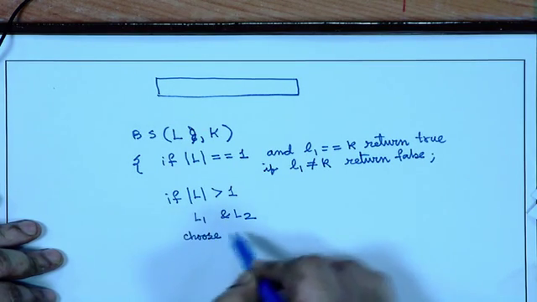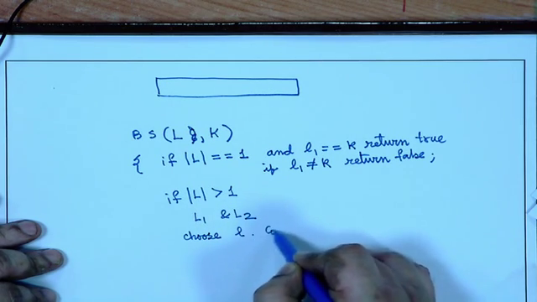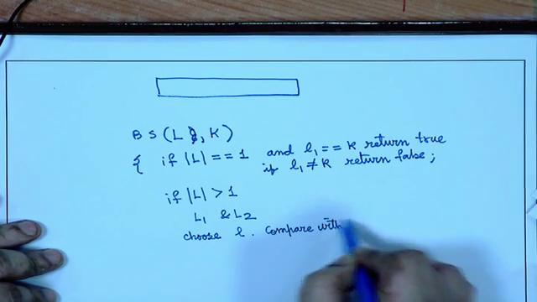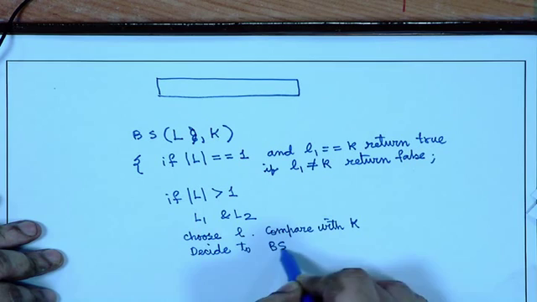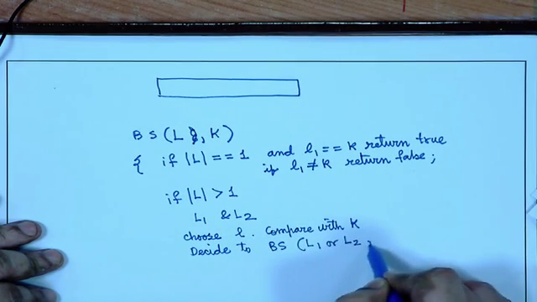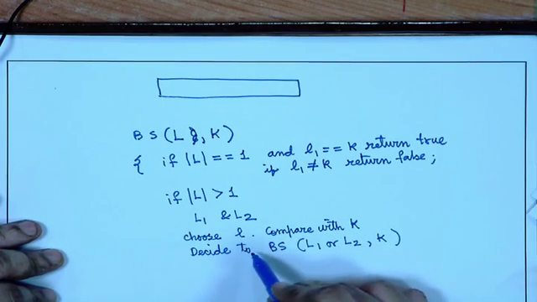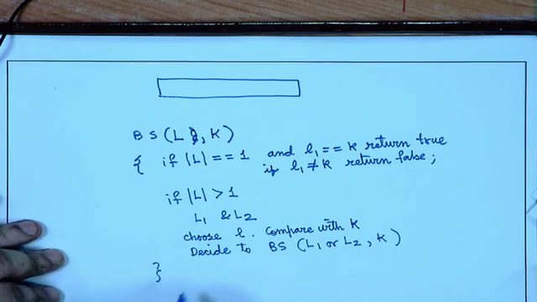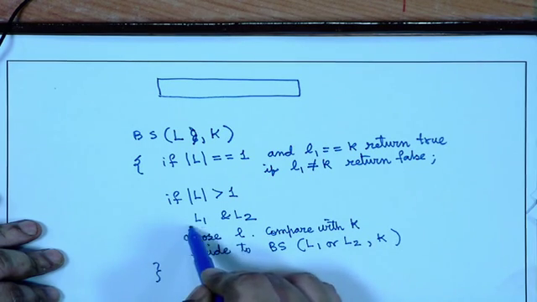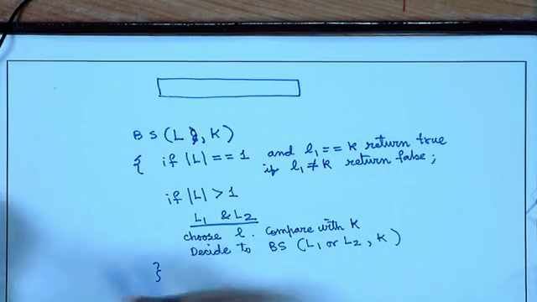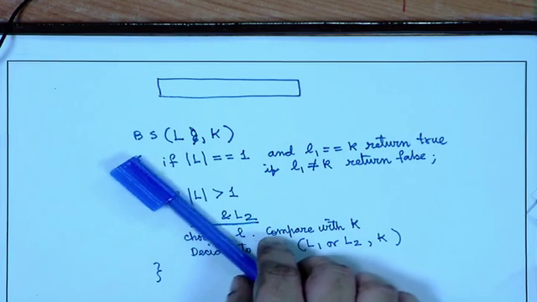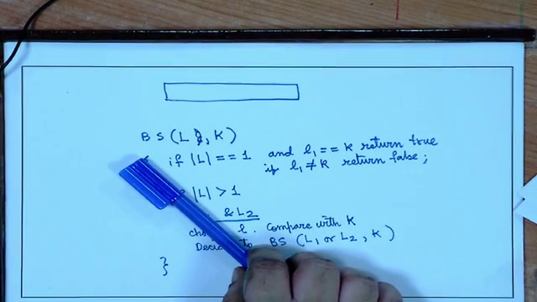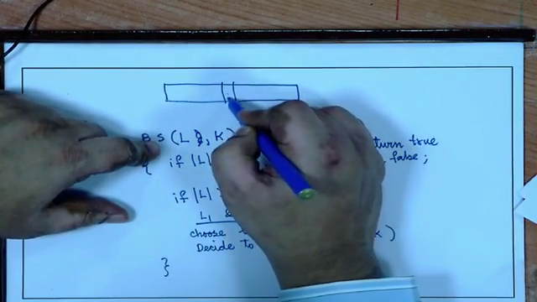We compare it with k, and based on the comparison with k, we decide to search either L1 or L2 for k, with the chosen element removed. Once we have decided that this split of L1 and L2 will be done exactly in the middle, our algorithm becomes: we take the list L, split it in the middle, find one element from the middle of the list, compare with this element, and then move to this side or that side.